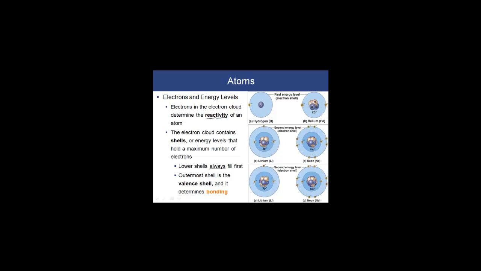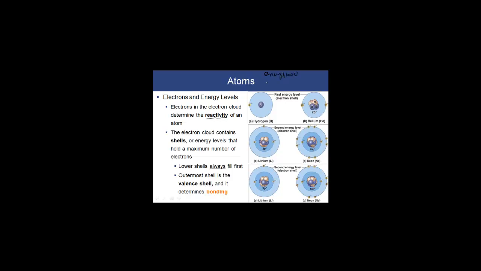We note that the electron cloud contains shells, or energy levels, and each energy level can hold a maximum amount of electrons. For instance, the first energy level, let me make a little table here.